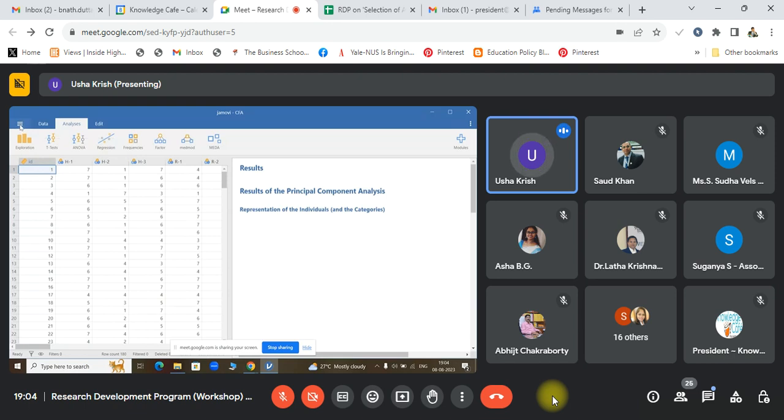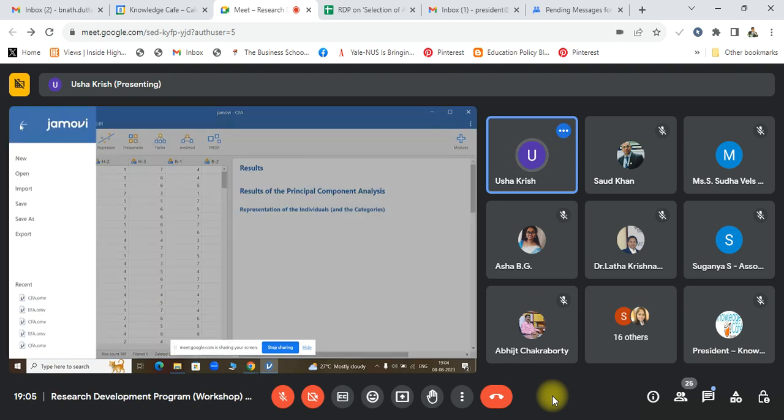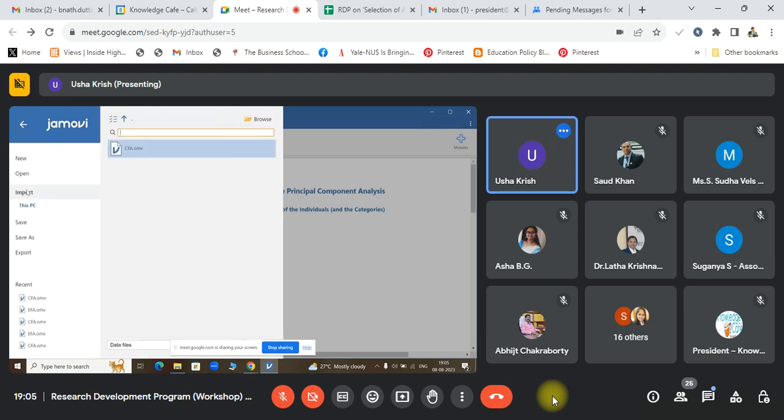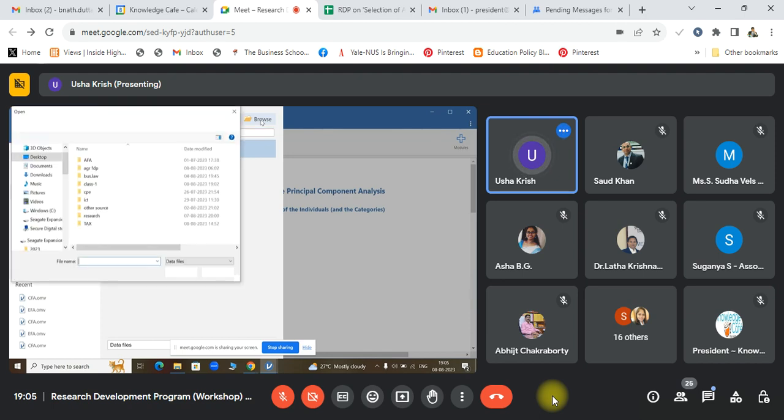Now, first, how to import the data into the software? You can see here 4 lines. If you click on that, you can see the import option. If you click on that, you get this portion where it is written at the top, browse. If you click on that, you get the documents that you have loaded either in Excel or Word format, anything.